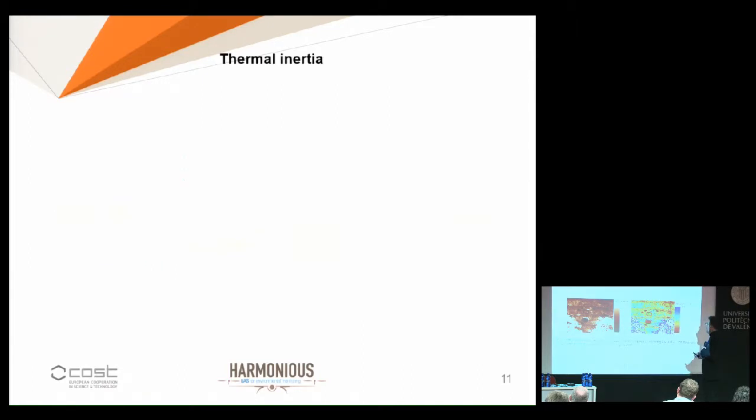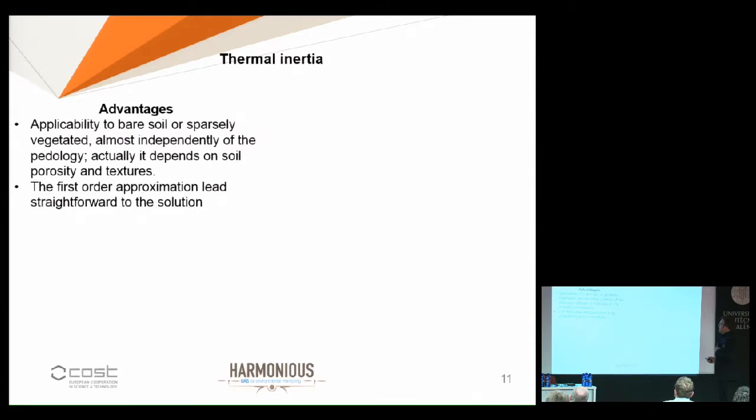This soil water content can characterize only bare soil or at most sparsely vegetated pixels. And it depends on the soil porosity and soil texture that have been accounted for within the model.